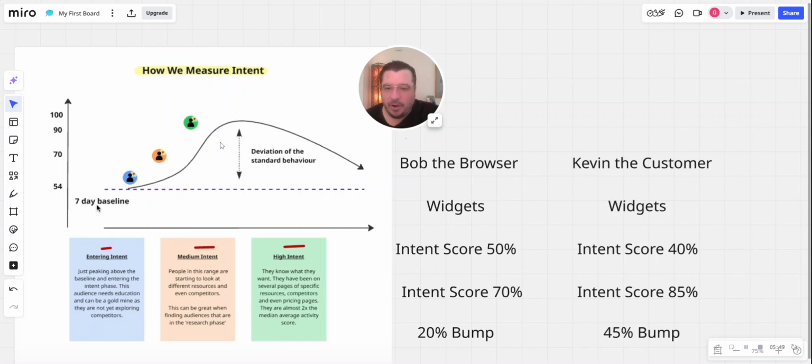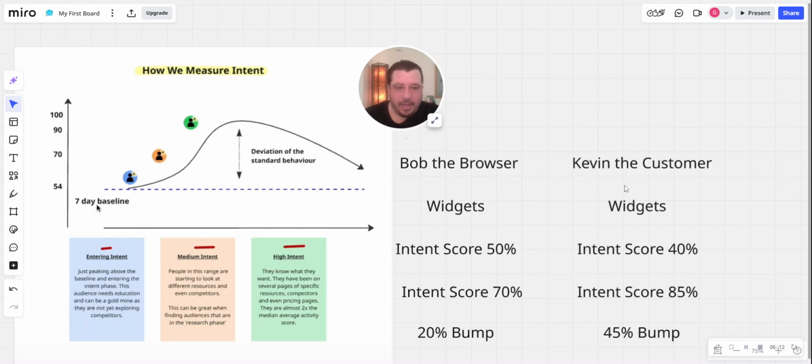That is the largest deviation of standard behavior. Kevin, the customer, would fall into a high intent audience, which would be this line graph over here. Kevin went from this dotted line all the way up to here, and there's different types of outreach that would be done to Kevin versus Bob.